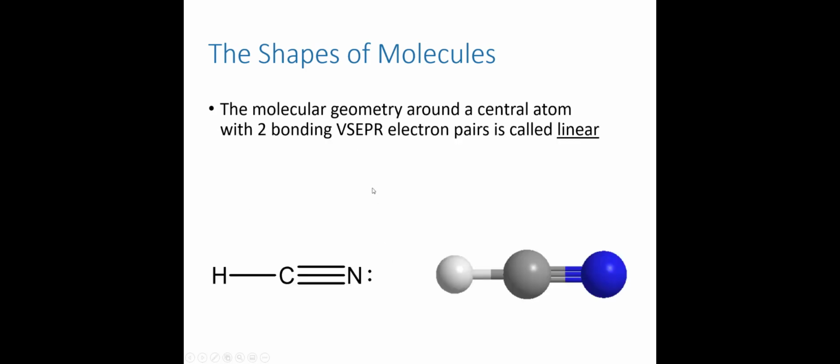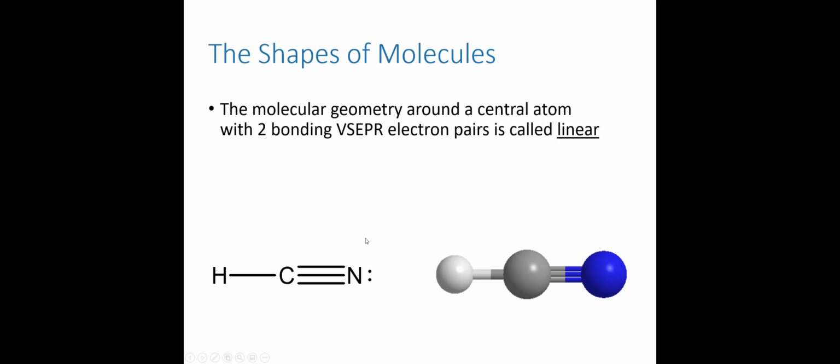So we'll start off with what could be argued as the simplest, and that is the linear shape or linear molecular geometry. And that's what we get when we have a central atom bonded to 2 other atoms. There are no lone pairs. Now I know some people will say, oh, but Professor Katroulis, there's a lone pair right there.